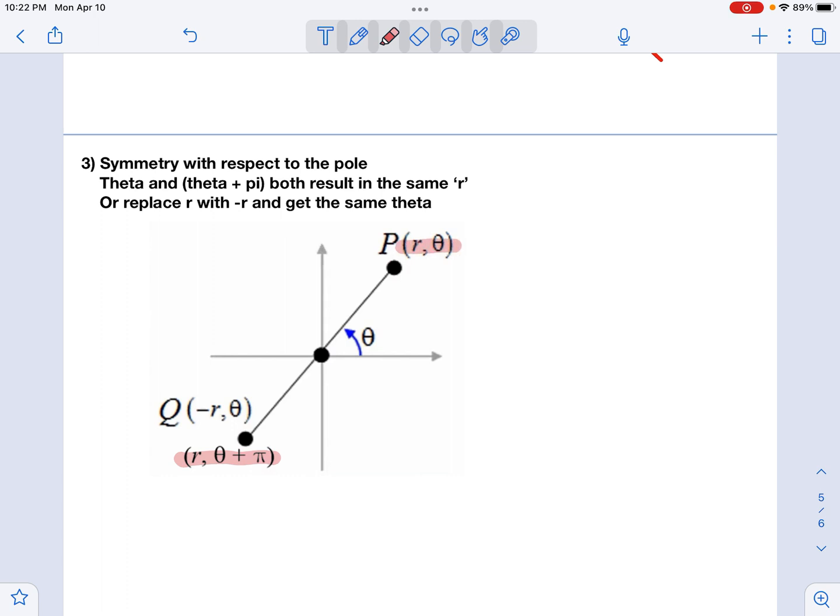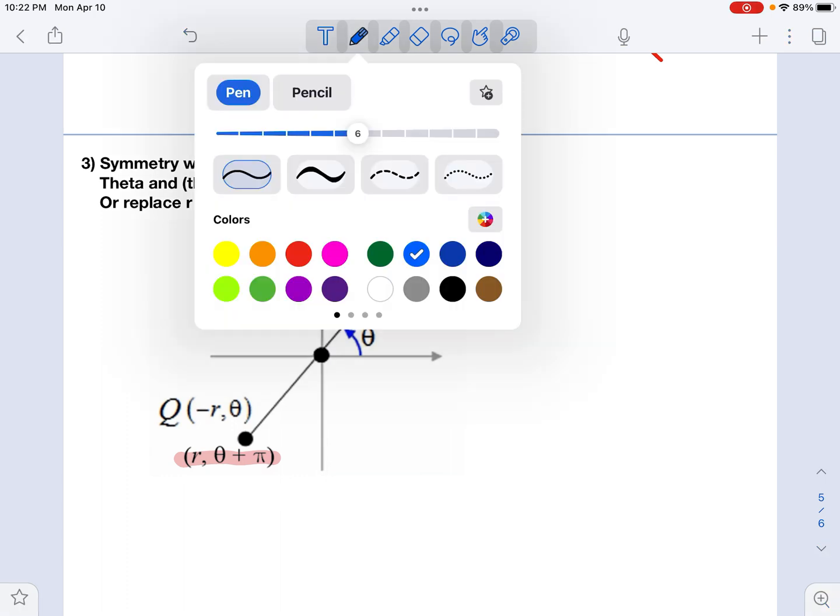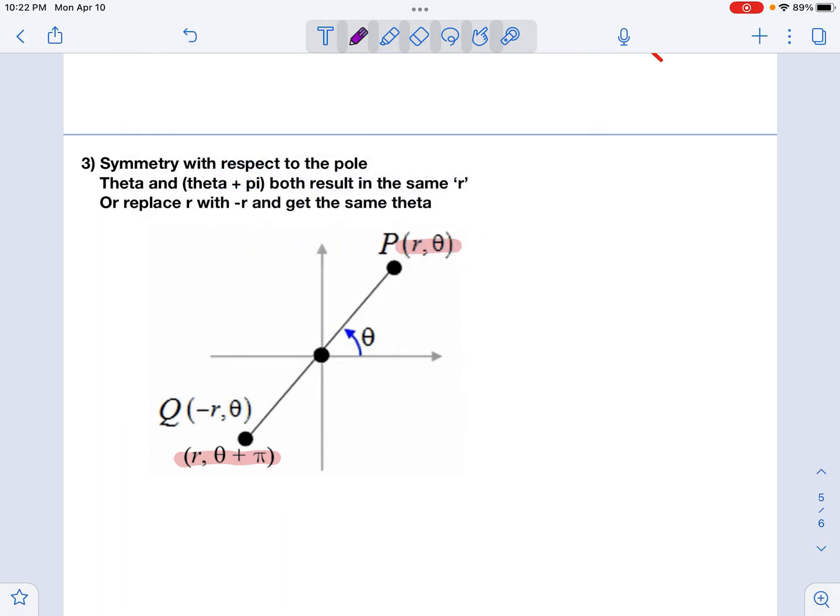Another way you could look at it is, instead of replacing theta with pi plus theta, we could replace r with negative r. Because here, if you go to theta, you can get positive r or negative r, and that could work as well.